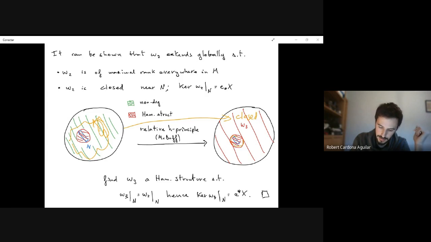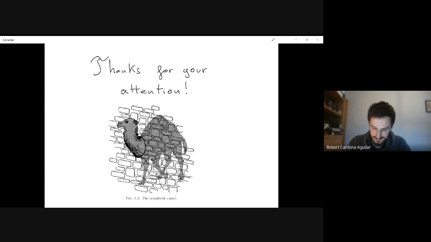But near the embedding of N, I didn't change it. So I end up with what I call omega 3, which is now a closed and non-degenerate two form that satisfies the condition that I wanted. Because near N, it's omega 2, which already satisfied it. Was this clear? More or less the idea. Okay. So that's it.